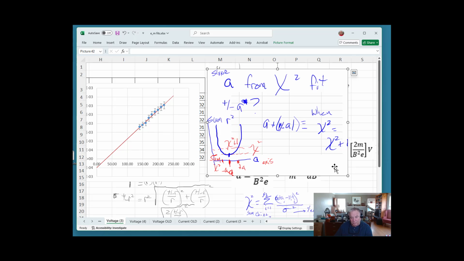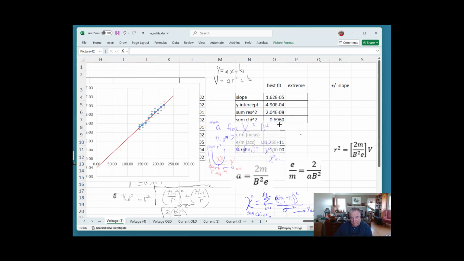And when we use the sum of the chi-square, the official definition is that the extremes of the slope are the value of the slope that creates an increase of the sum by 1. The proof is ridiculously long and complicated, but we don't care about that. It's only if you were a physics major. And who would ever do that, right?